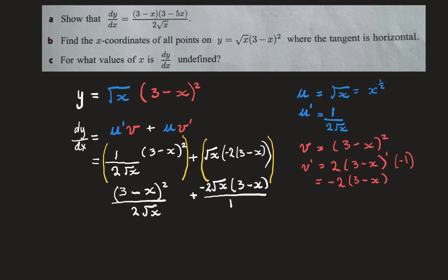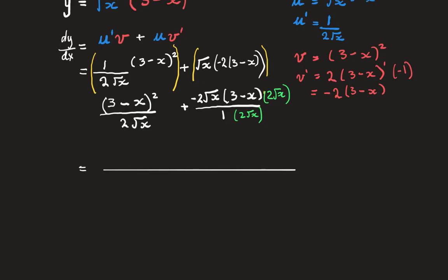Because I want everything to be over 2 root x, I'm going to multiply this by 2 root x, and therefore I'll multiply this bit by 2 root x as well. We need everything under that denominator of 2 root x, and above we've got (3 minus x) all squared. That is a minus sign over here, which we'll put down here, so that will be minus.